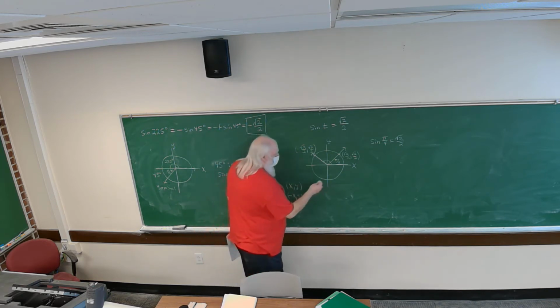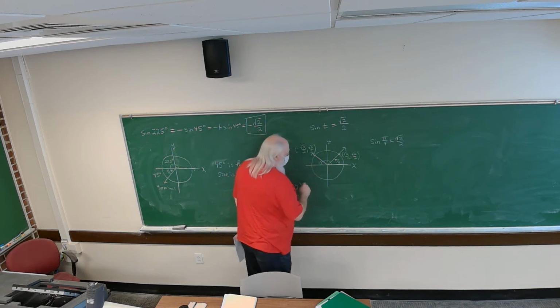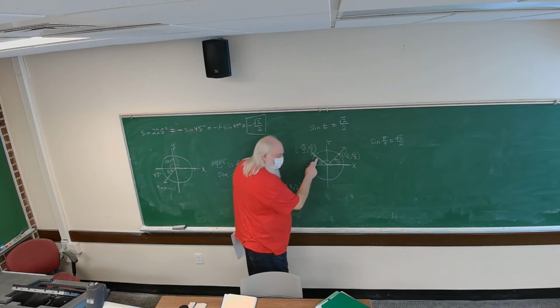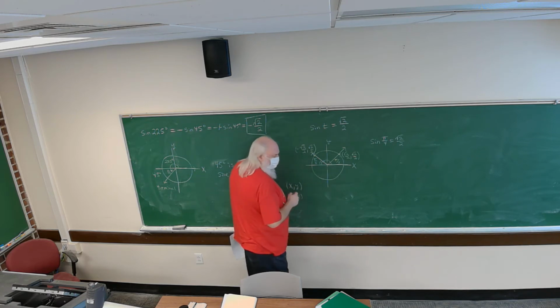Well, because of the symmetry, this reference angle here with this terminal side is equal to pi over 4 radians as well, just like it is over here. Well, we know 1/2 revolution is equal to pi, okay? From the positive x-axis to the negative x-axis, that's 1/2 revolution. That's equal to pi radians.